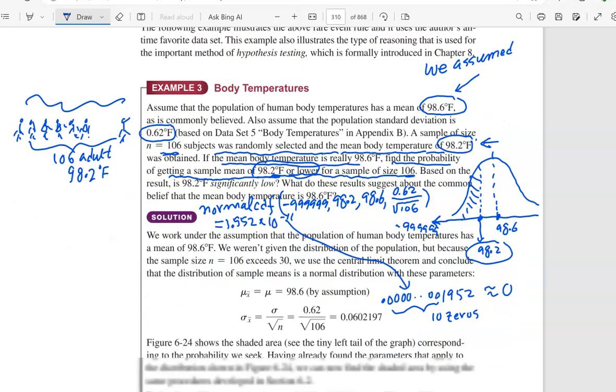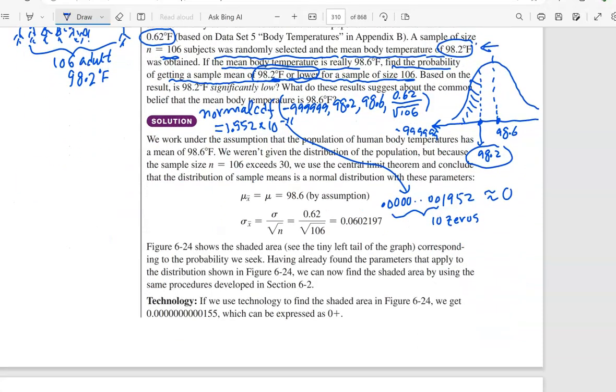Okay, so when you look at it, if you use technology, we get this. Point, no, one, not 9, 1552. So remember I said 10 zeros.